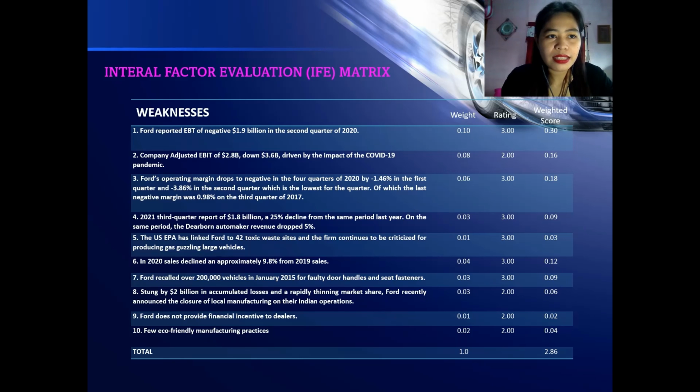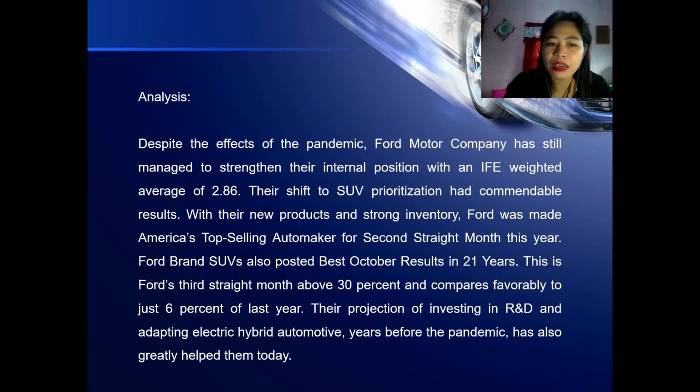Next is my analysis. I will just read this. Despite the effects of the pandemic, Ford Motor Company has still managed to strengthen their internal position with an IFE weighted average of 2.86. Their shift to SUV prioritization had commendable results. With their new products and strong inventory, Ford was made America's top-selling automaker for the second straight month this year.